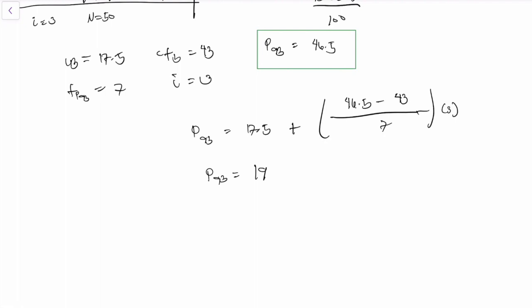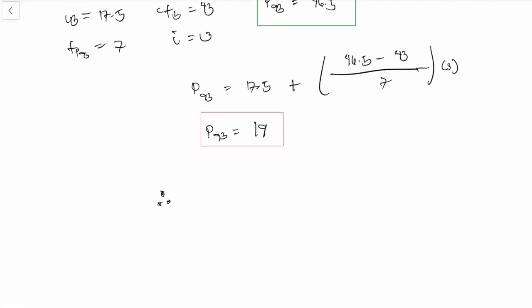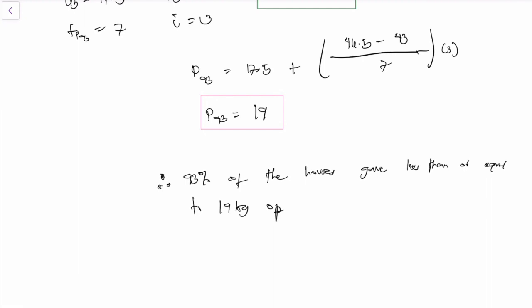Now, how will we interpret this answer? We can say, therefore, for information, the triple dots refer to the word therefore. Therefore, 93% of the houses gave less than or equal to 19 kilograms of plastic bottles.